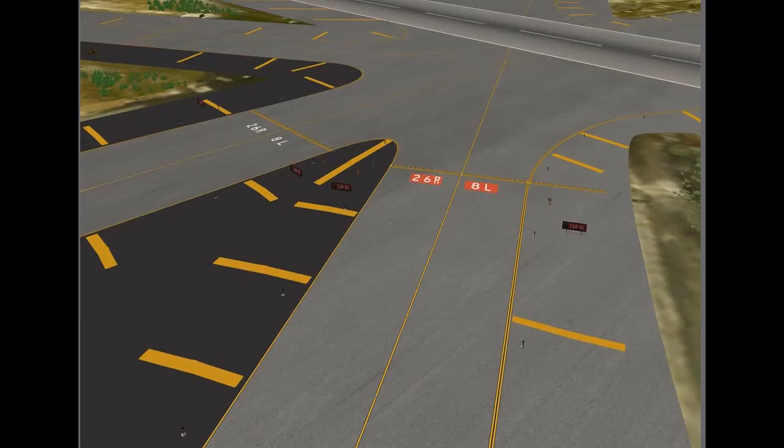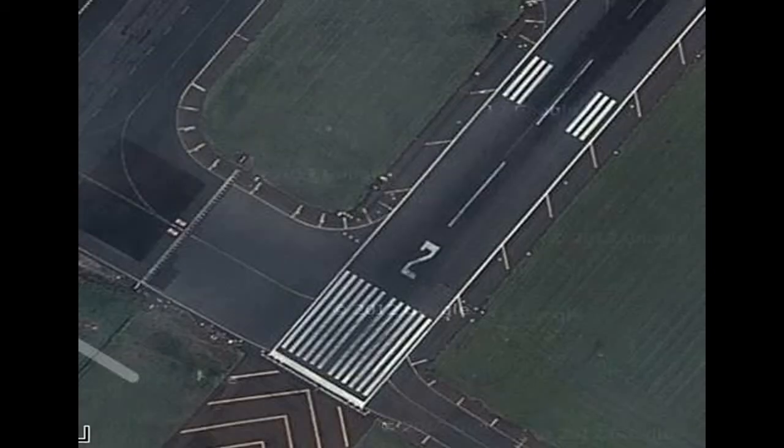So you can see the shoulder marking along the runway and taxiways. This is a satellite view of a runway with the shoulder markings on either side.